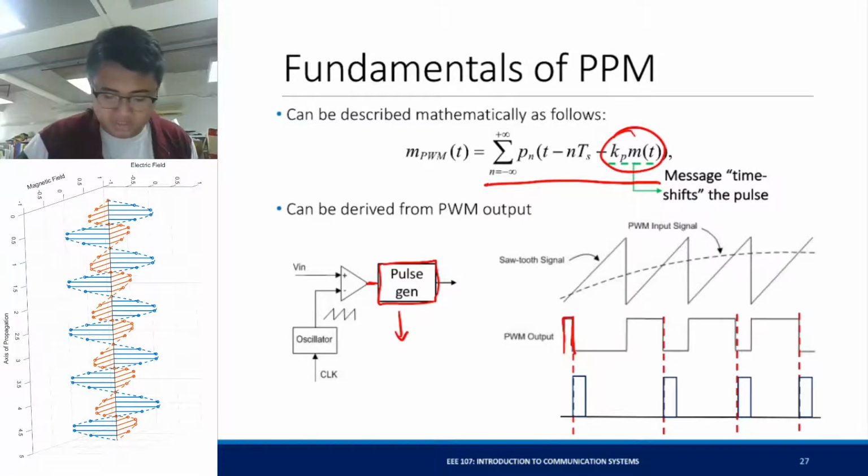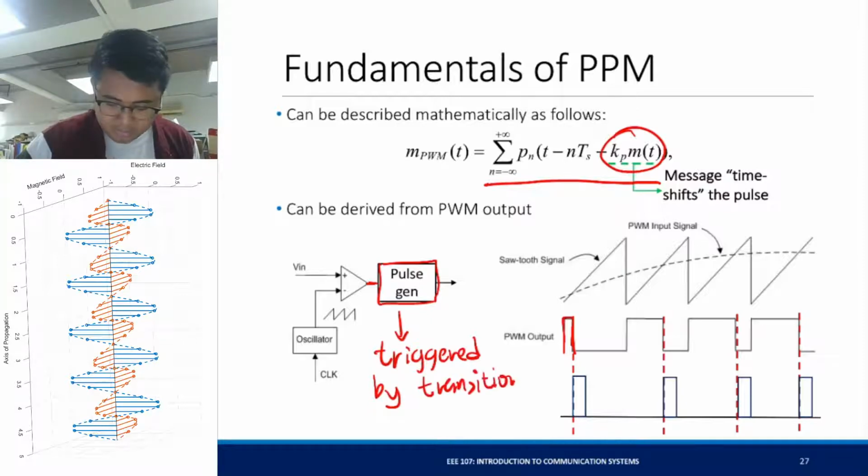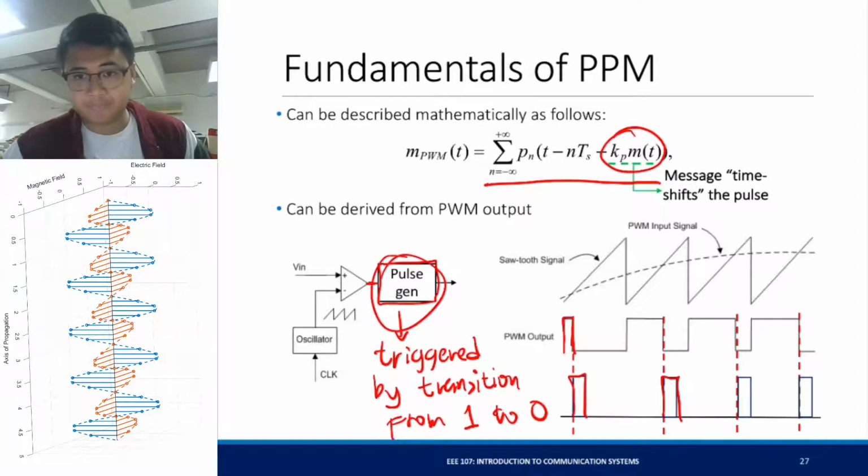So this pulse generator is triggered by a transition from logic 1 to logic 0. Okay? And it will generate a pulse of some duration, depending on the setup of your pulse generator. Okay?